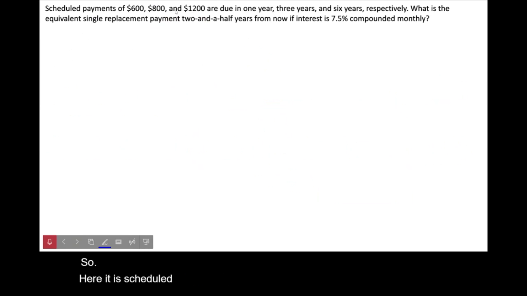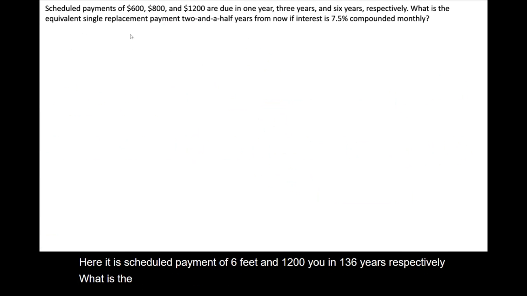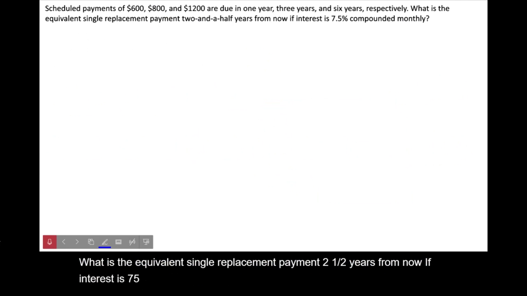Scheduled payments of 600, 800, and 1200 are due in 1, 3, and 6 years respectively. What is the equivalent single replacement payment 2.5 years from now if interest is 7.5% compounded monthly?